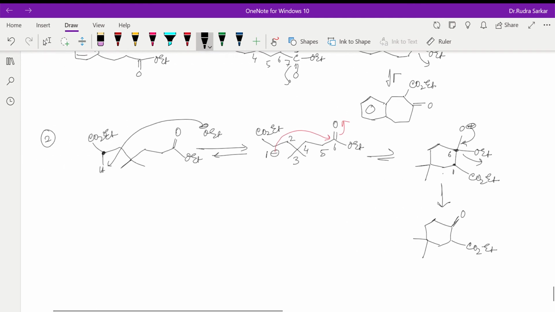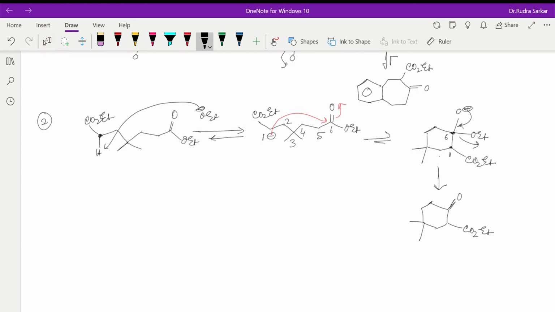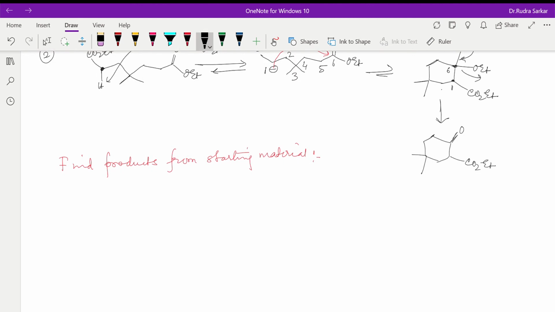Now, as we have seen over here, how to make compounds like beta ketoester in the Claisen condensation reactions. Now, suppose you are given a starting material, right? Find products from starting material. So in that case, suppose I have given you something like this. Again, ester carbon is 1, this is 2, this is 3.